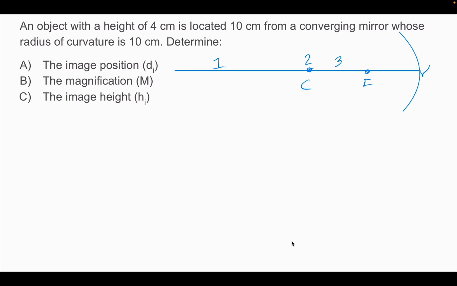Example 4, I don't think I give you one at F because it's not mathematically doable, but you also have another example where you've got the actual image here. Let me just see how many I give you. Yeah. So this guy here is right at C because the image is located at 10 centimeters and the center of curvature is at 10, right?